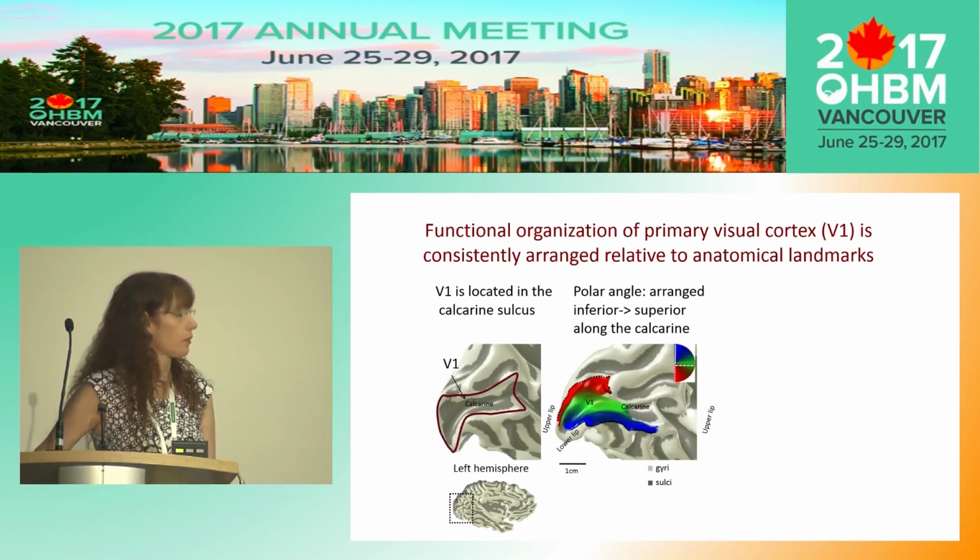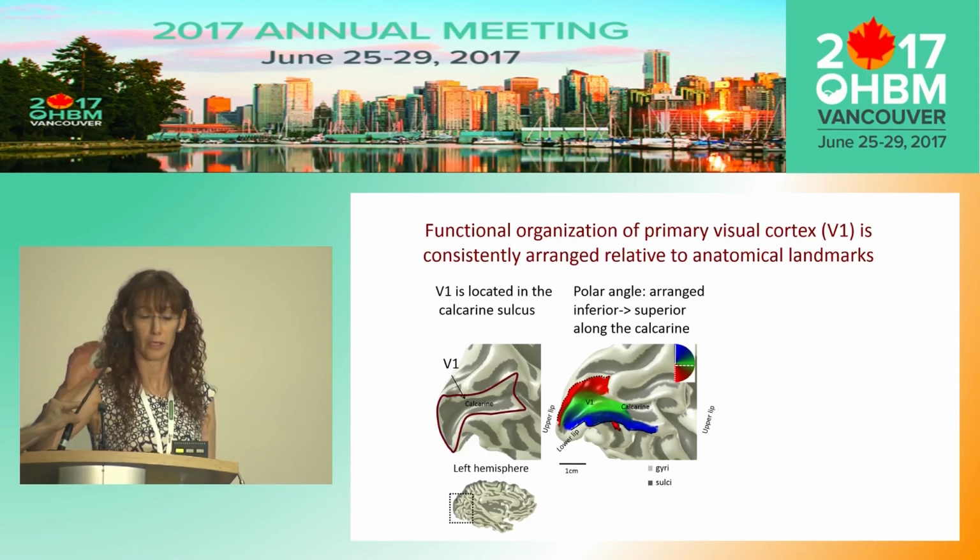For example, the polar angle representation in V1 goes from the lower field representation in the upper lip of the calcarine to the horizontal representation in the fundus of the calcarine to the upper visual field representation in the lower lip of the calcarine.